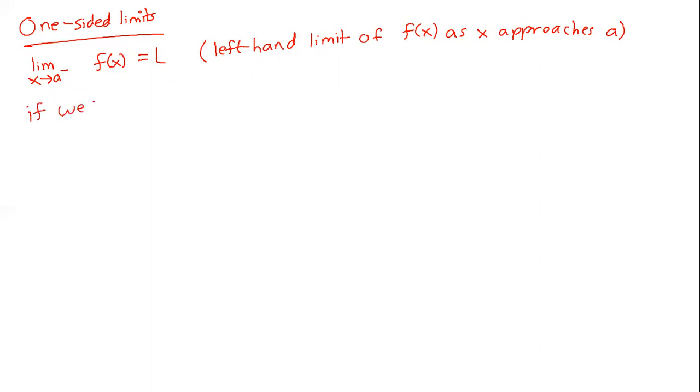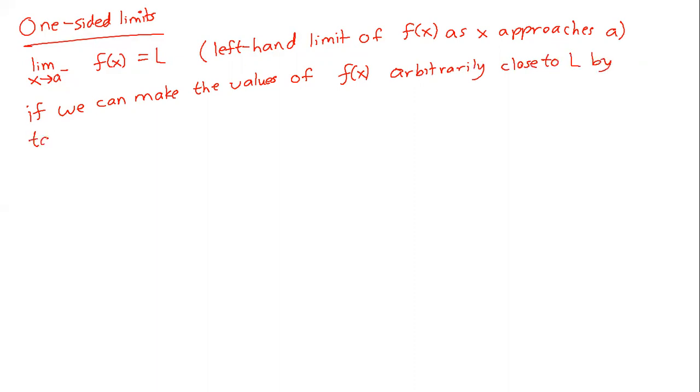This would be true if we can make the values of f of x arbitrarily close to L by taking x to be sufficiently close to a and x less than a.